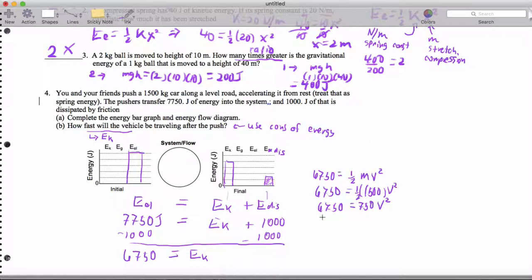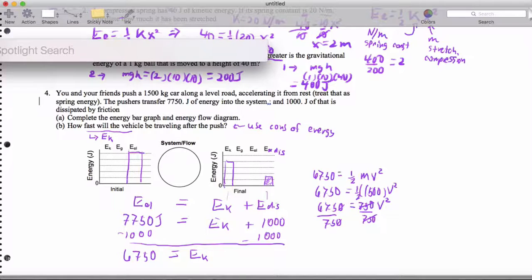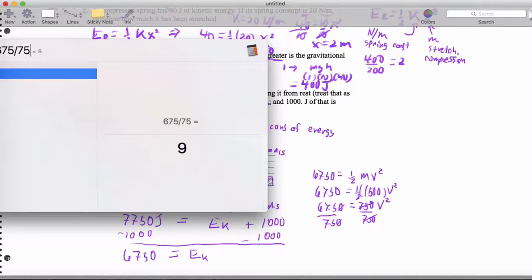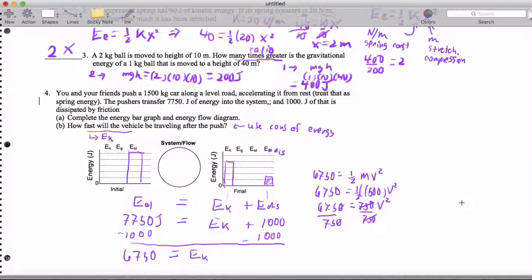I'm going to divide both sides by 750. So this cancels. I'm getting 9 is v squared. And so that's going to give me a v equal to 3 meters per second.